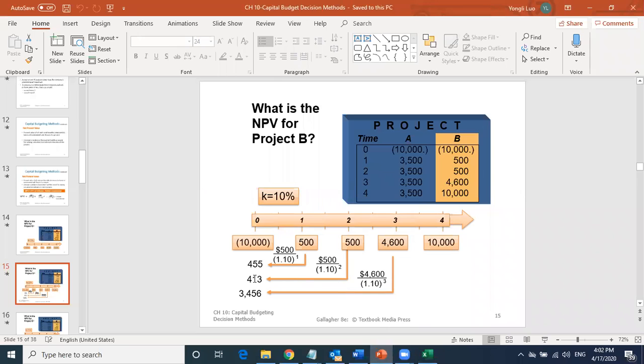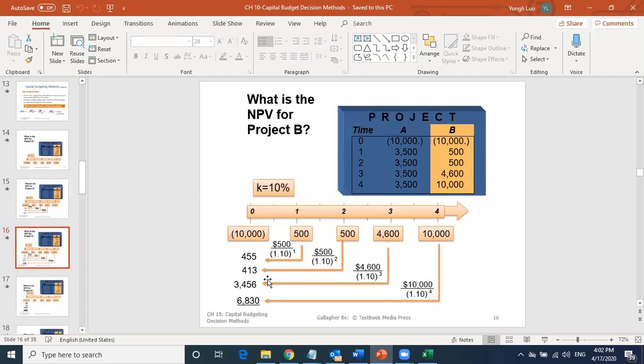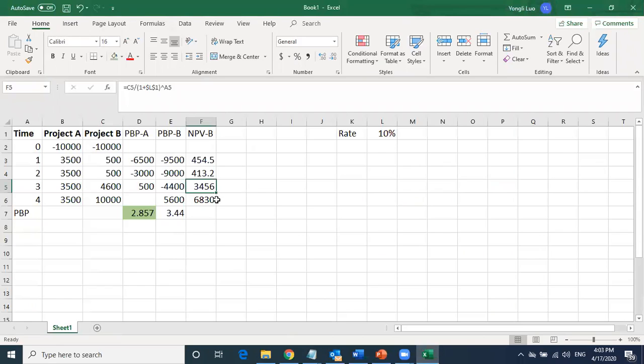So you can see that's how we do the present value. $10,000 in the future, discounted for 4 time periods, is worth 6,830 at present.